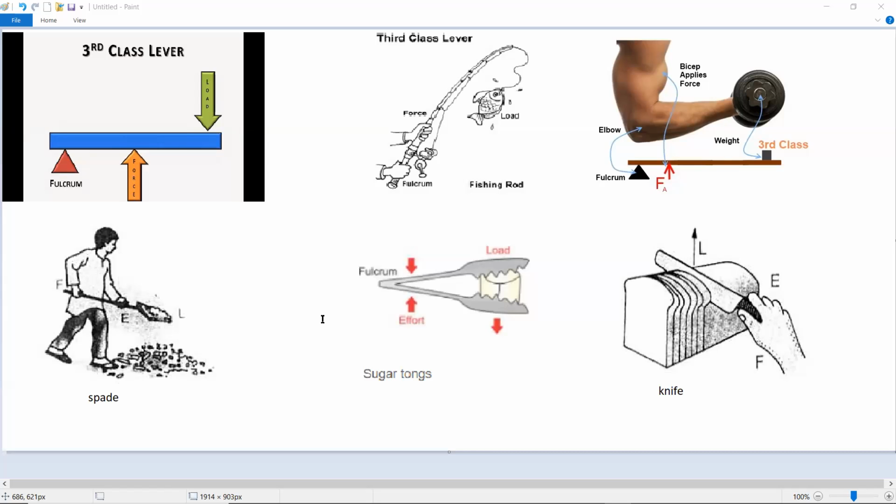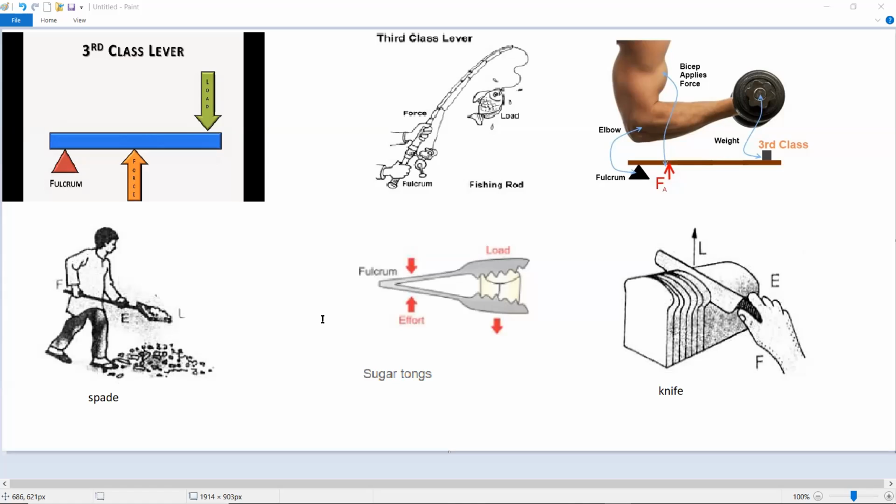A few examples of third class lever are fishing rod. Here, the fulcrum is at one end and the effort is close to the fulcrum, whereas the load is to the other side.